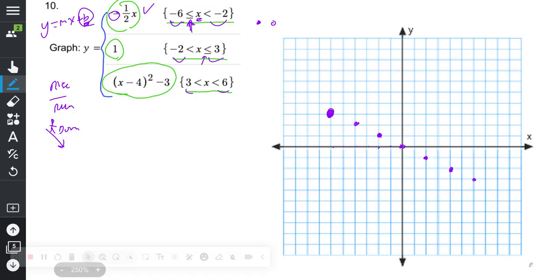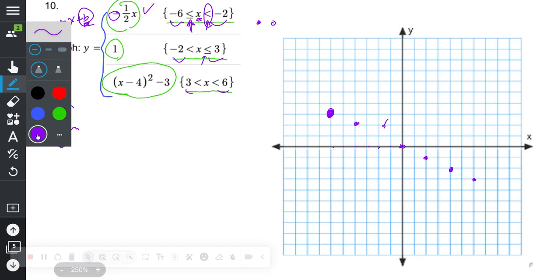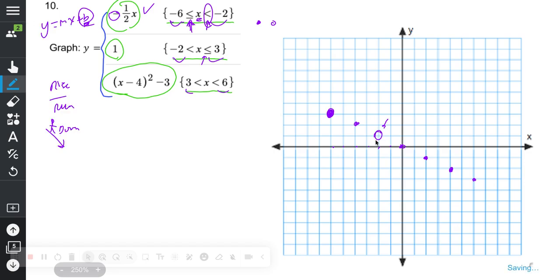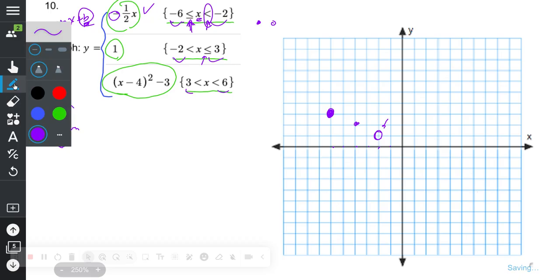And I'm allowed to go up to negative 2, which is right here. And because that inequality is less than, but not equal to, I'm going to make that an open circle. So the domain restriction tells me get rid of everything else, but what's in between. Okay, so this is the first piece.